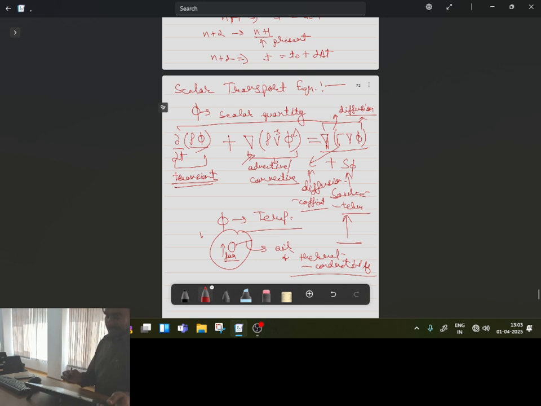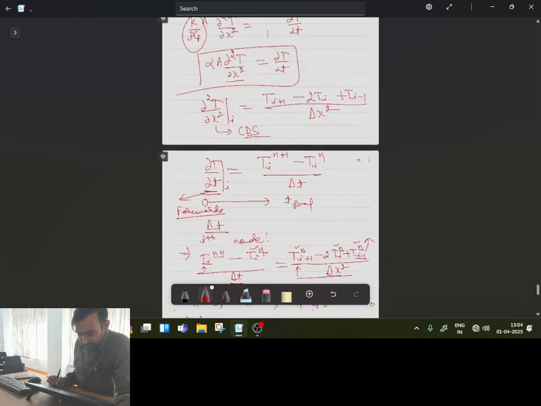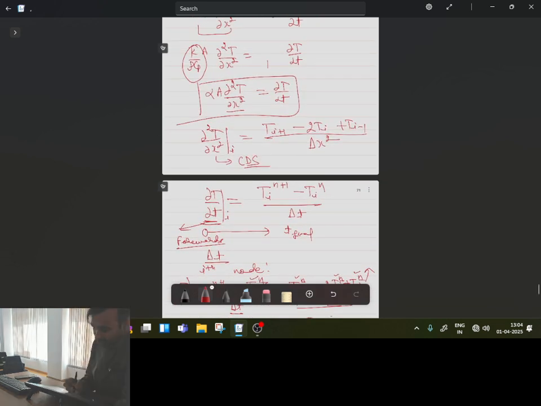Even in the advective term, as I mentioned, it comes because of the flow. So you can see one velocity term is there, and this velocity term represents the motion because of the flow. Now, as I told you in the previous equation, for del square T by del x square we are using which scheme?